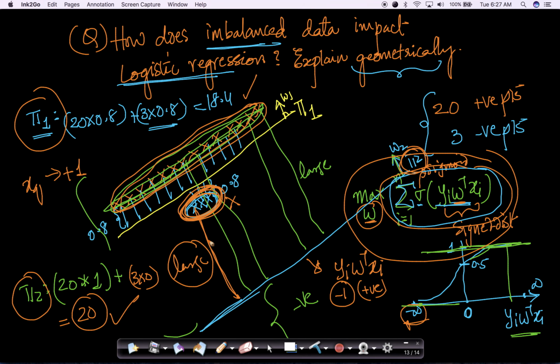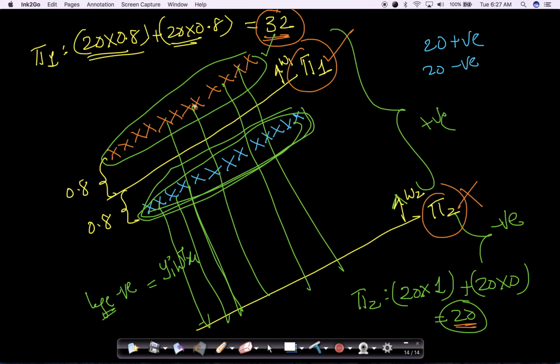And this is happening because I have fewer points of the negative class, and I'm okay if I make a mistake there. But in this case, the number of negative points is the same or very similar in number to the number of positive points, so it will not allow us to accept a hyperplane like this, which only classifies one class correctly and misclassifies everything else.